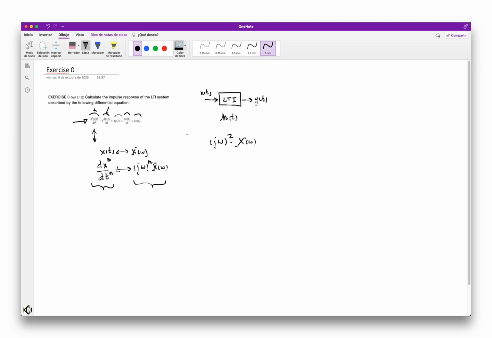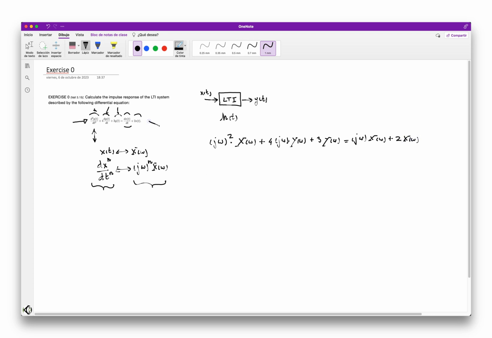The second term, which is this one, will be 4 times the first derivative, so it's j omega times Y of omega, plus this term, which is 3 times y, so it will be 3 times the Fourier transform of y of t, which is capital Y of omega, and this is equal to the derivative of x with respect to t, which will be j omega capital X of omega, with capital X of omega being the Fourier transform of x of t, plus 2 times x of t, which will be 2 times capital X of omega.